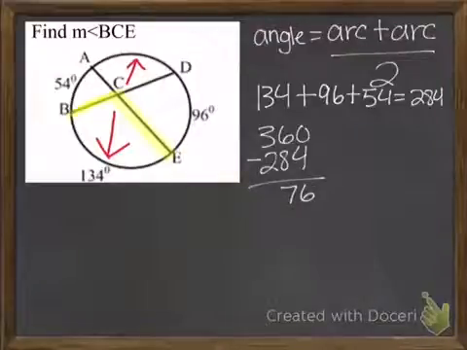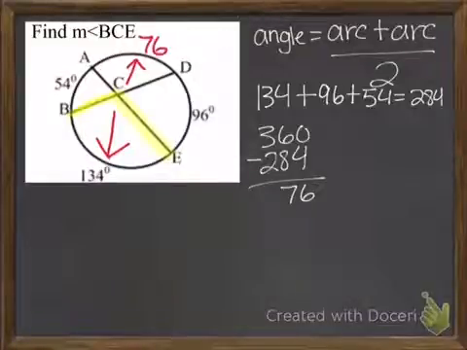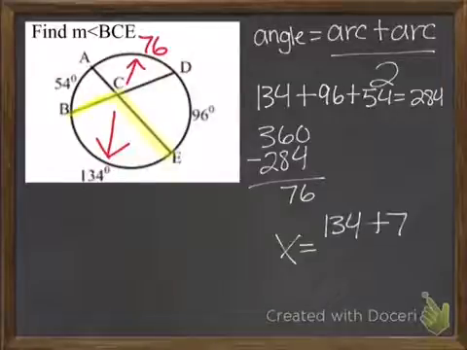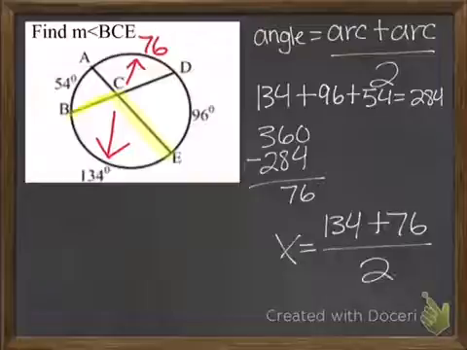Okay, so after that, we're basically going to put it in our formula. So we're going to put x equals 134 plus 76 and divide it by 2.